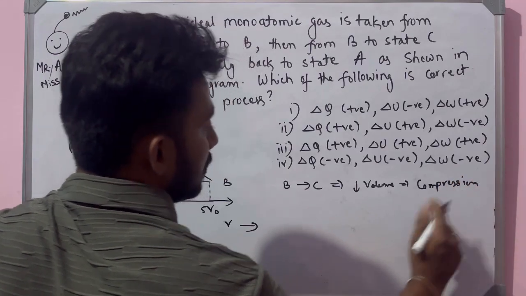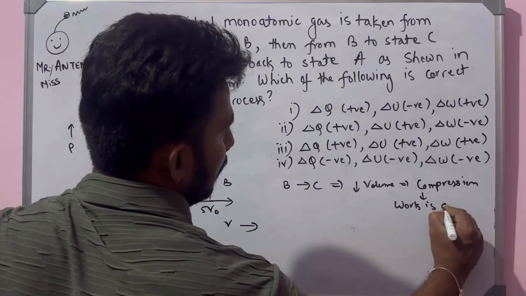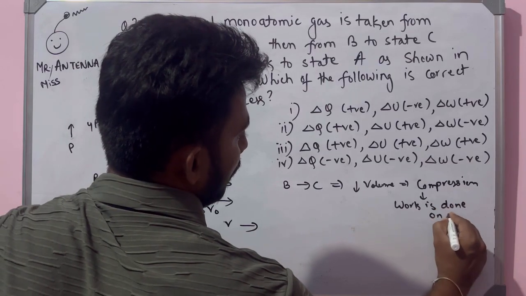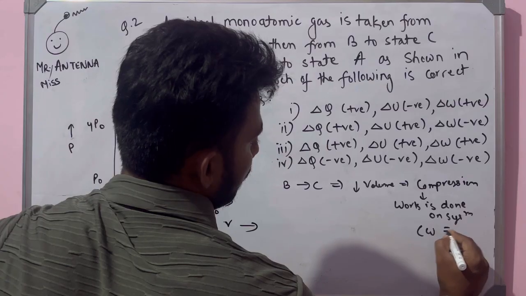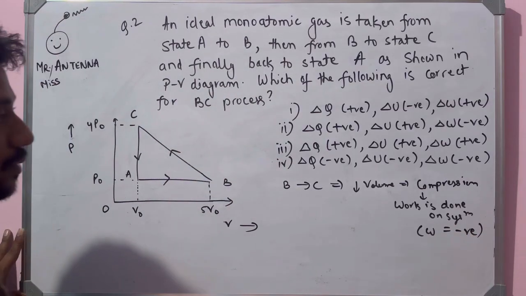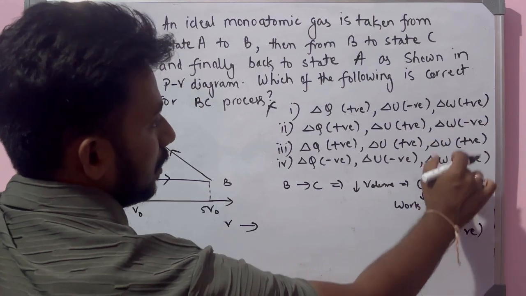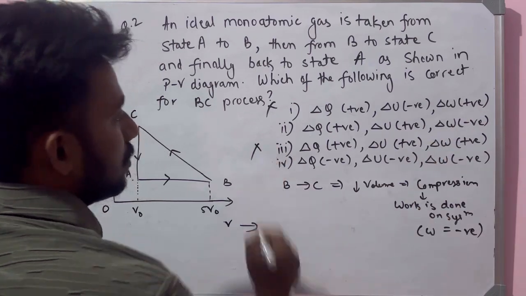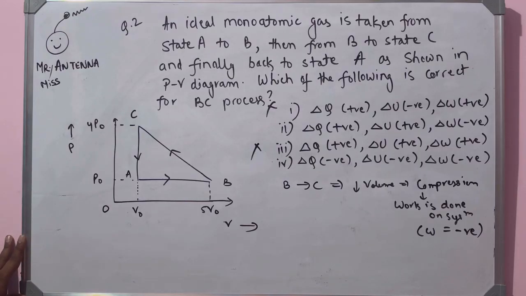If there is compression, we can say work is done on the system. If work is done on the system, work done will be negative. So if you see the options, the first is gone, the second okay, the third is also gone. I can have the first, second, or fourth option.